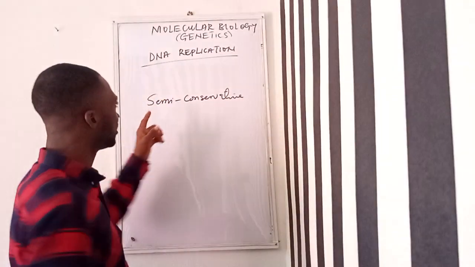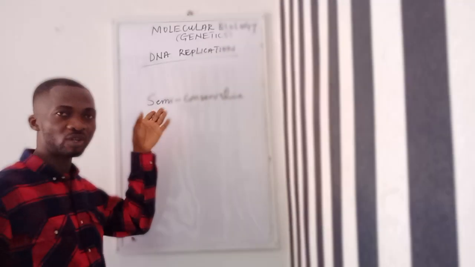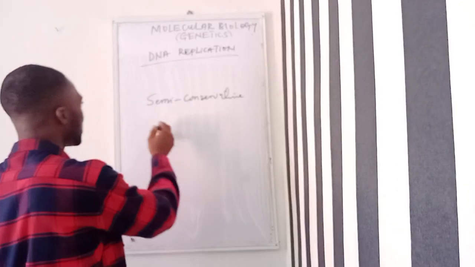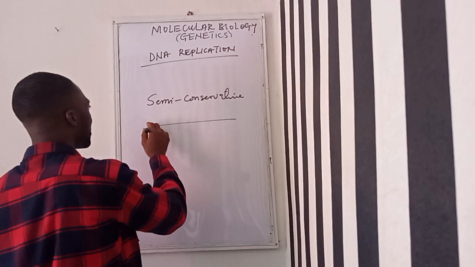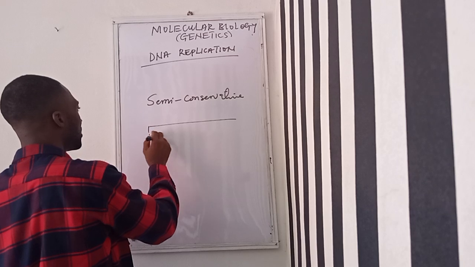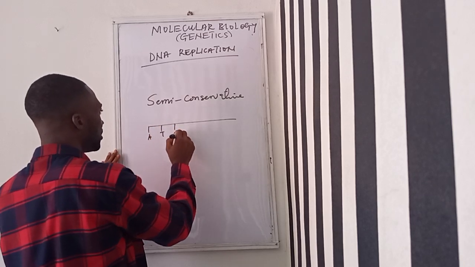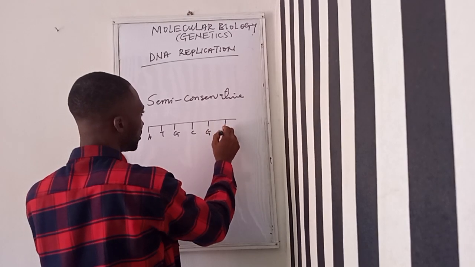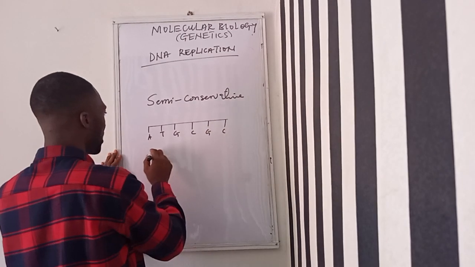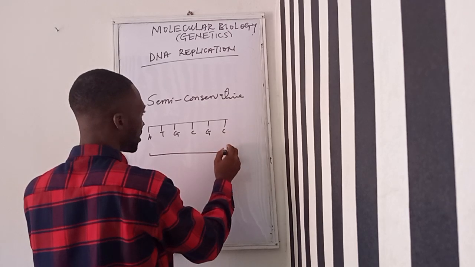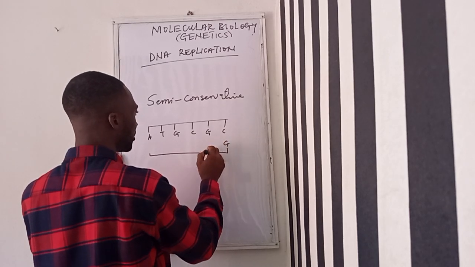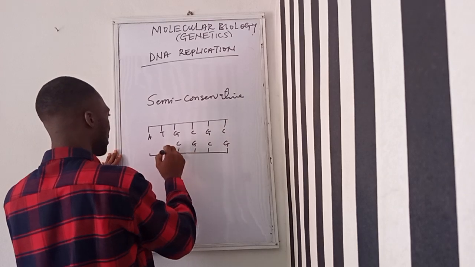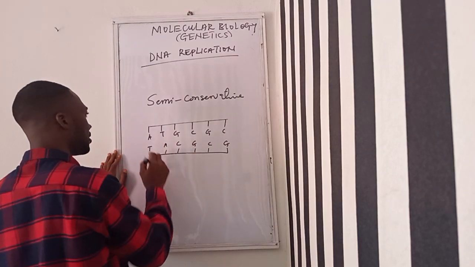So that is the doctrine of the semi-conservative manner of DNA replication. In this case, if we have this as a DNA strand A, T, G, C, G, C, we have this as the complementary strand G, C, G, C, A, T.